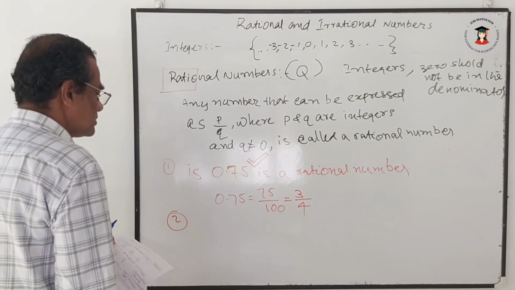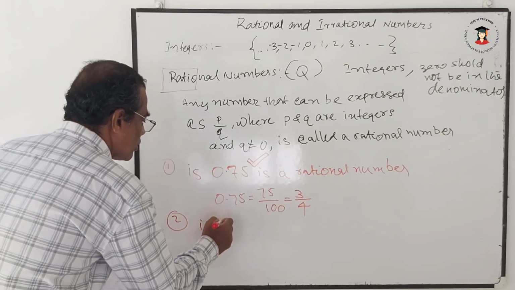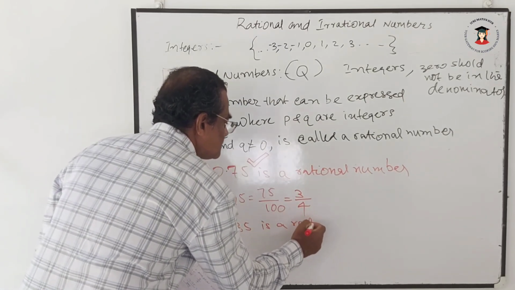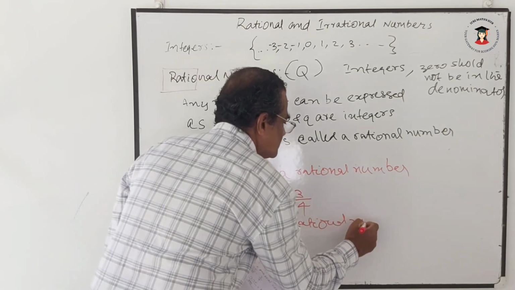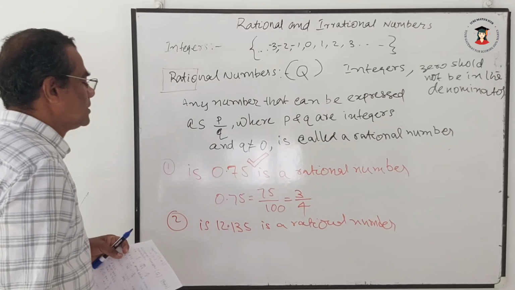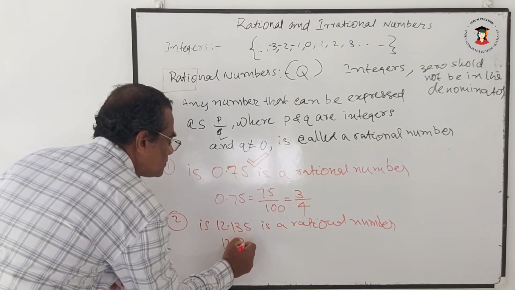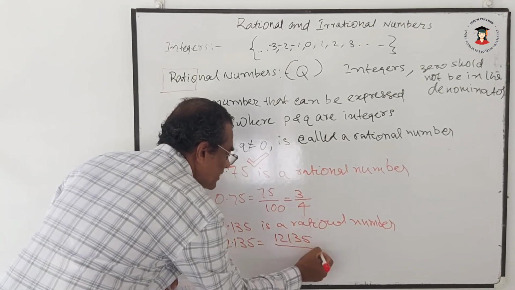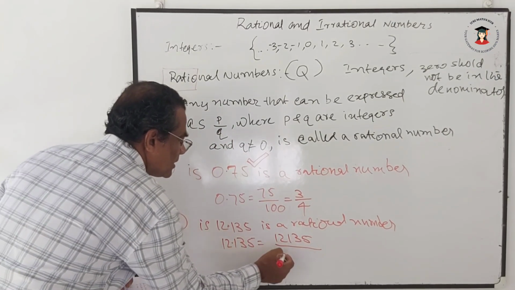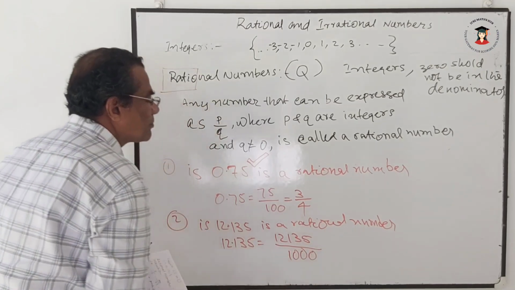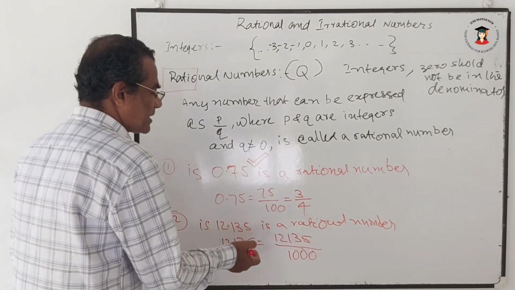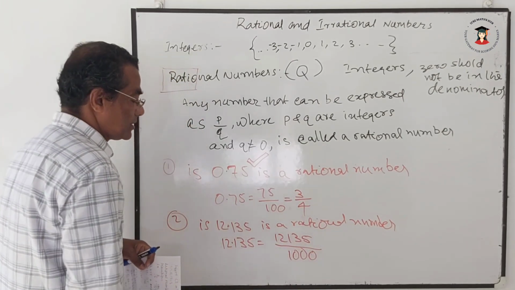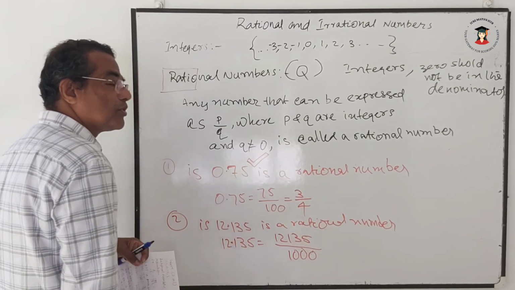My second question to you is, is 12.135 a rational number? 12.135 equals 12,135 divided by 1000, since there are 3 decimal places.